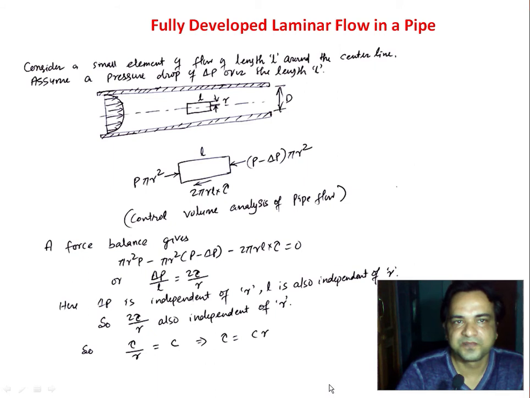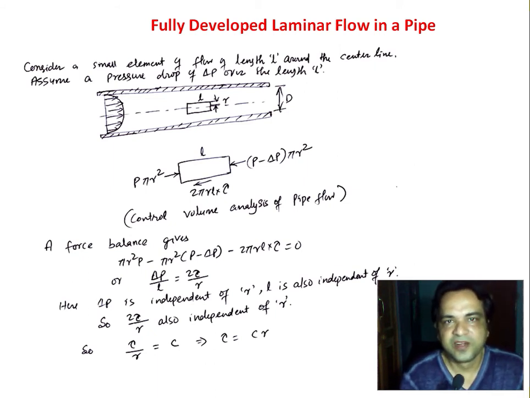So now we will do the theoretical analysis for a fully developed laminar flow in a pipe. You have already seen that theoretical analysis can be done for a laminar flow, because in case of a laminar flow the fluid particles flow in layers. They don't change the position in the lateral direction. They don't mix with the surrounding layers.